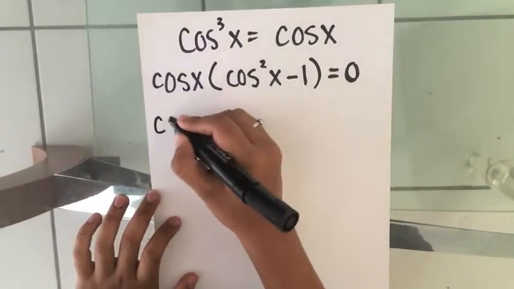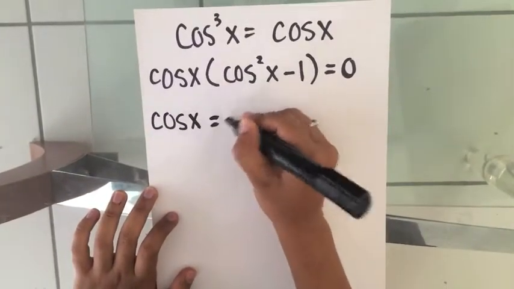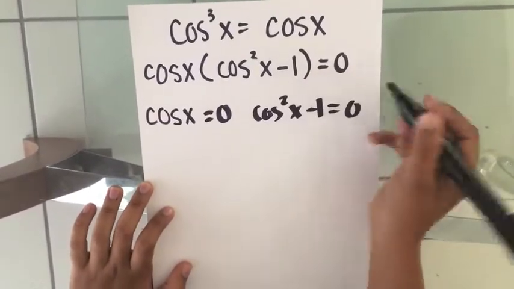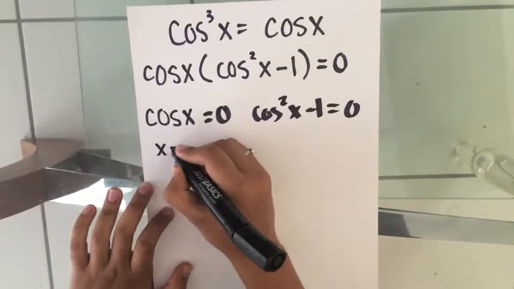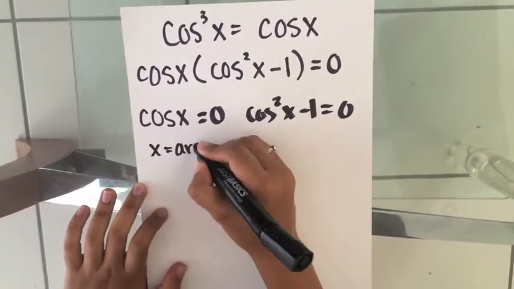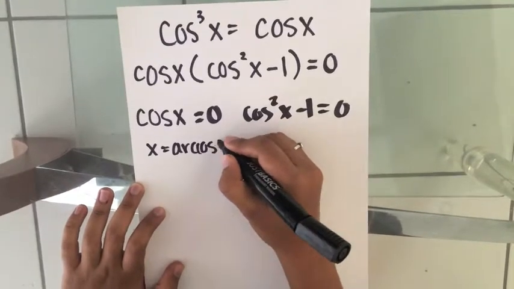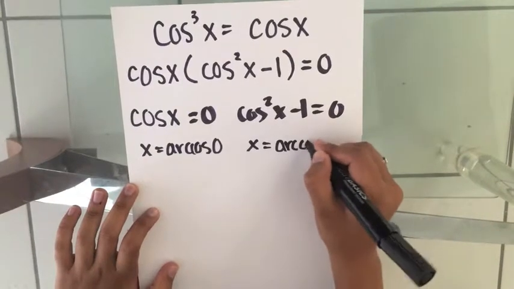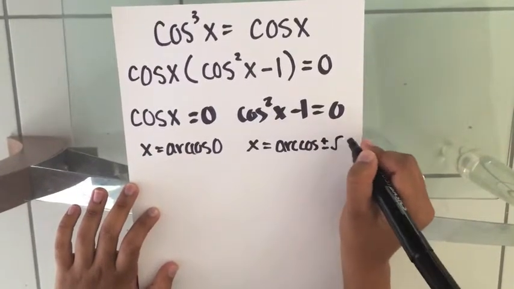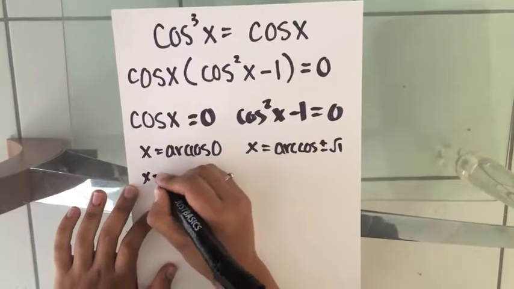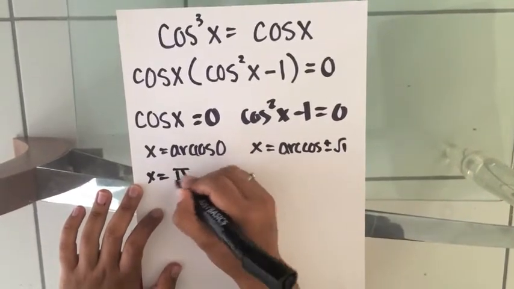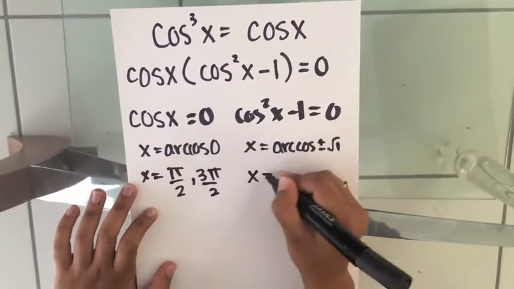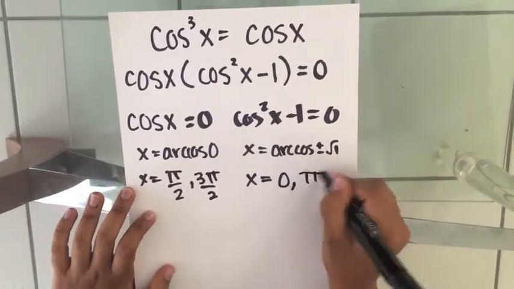Then you can use the zero product property and say cos x is equal to 0 and cos squared x minus 1 is equal to 0, which will give you x is equal to arc cos of 0 and x is equal to arc cos of plus or minus 1. x is equal to pi by 2 and 3 pi by 2, and x is equal to 0 and pi.